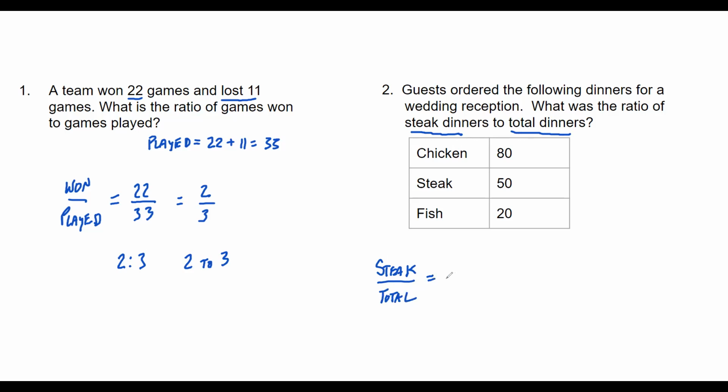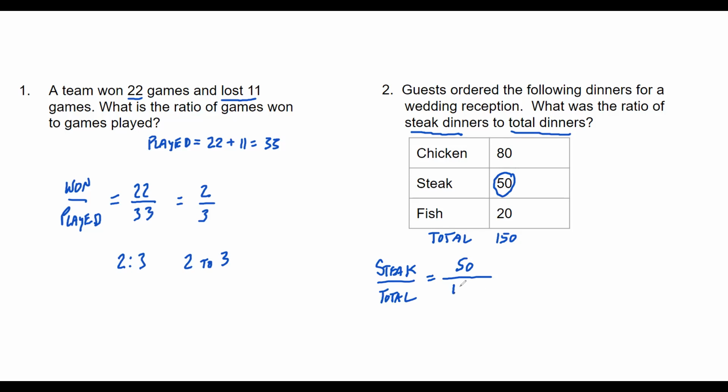And then we find our quantities. The number of steak dinners was 50. That's right here. And we don't know the total yet, but we can add up all of these numbers and put the total right down here. 80 plus 50 is 130. 130 plus 20 is 150 total dinners.